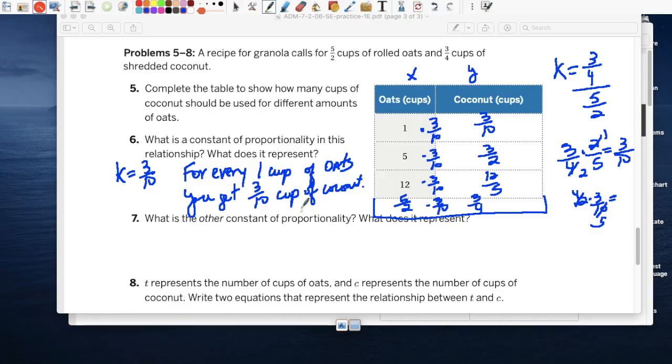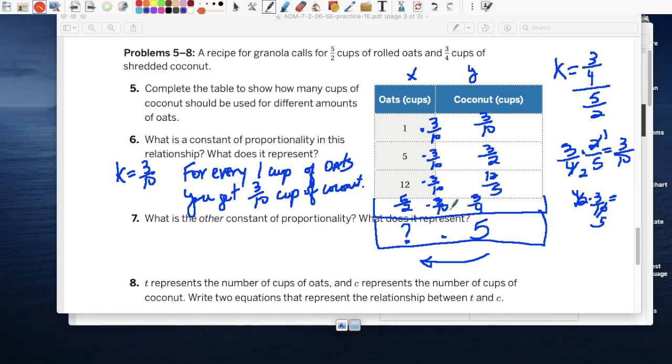What's the other constant of proportionality? Well, what if I had this number, for example? So let me extend here. What if I had to go this direction? Let's say I had, I'm making this up, five cups of coconut, and I wanted to find the oats. What would I do? Would I still multiply by 3 over 10?